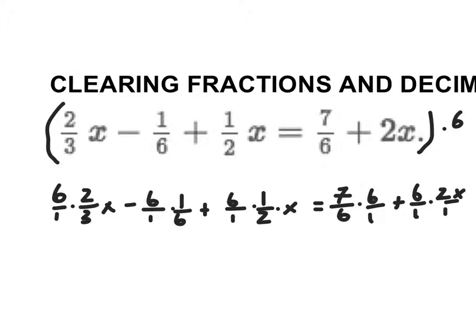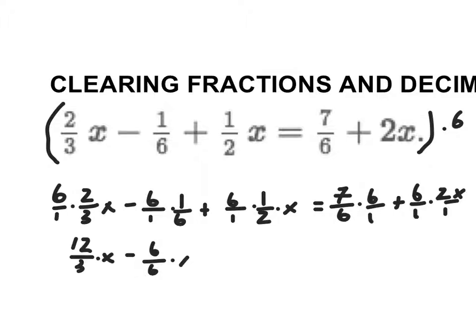Now I can multiply these fractions together. 6 times 2 gives me 12, and 3 times 1 is 3, so 12 over 3 times x. Then minus 6 times 1 is 6 over 6.